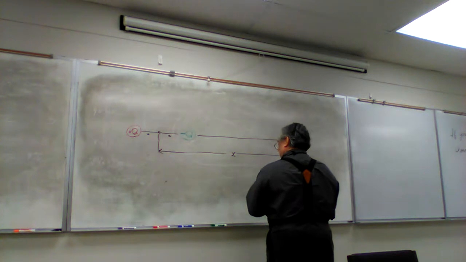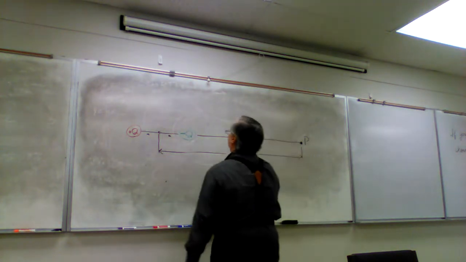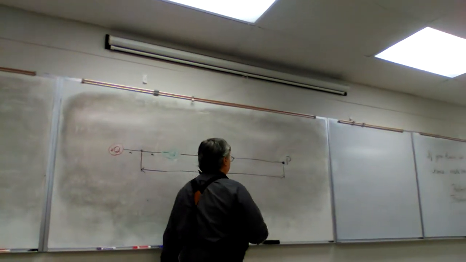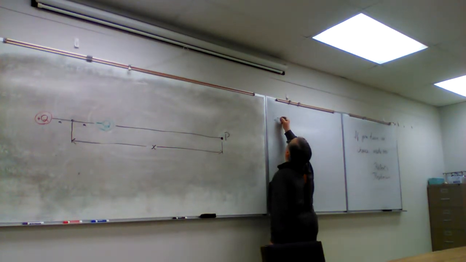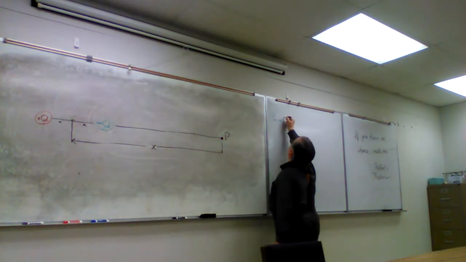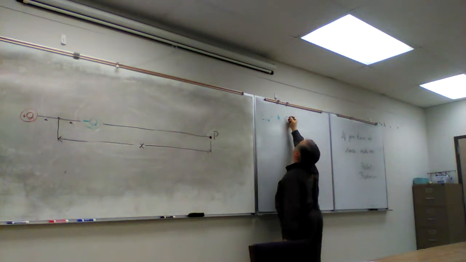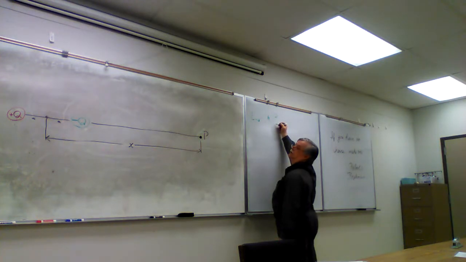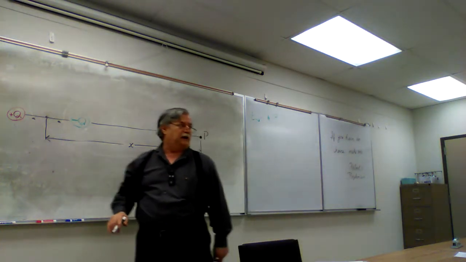So, let's start with the vector from minus Q. We'll call that one E minus Q, and that will be equal to K times minus Q over x minus a squared. Do you see where I'm getting x minus a?